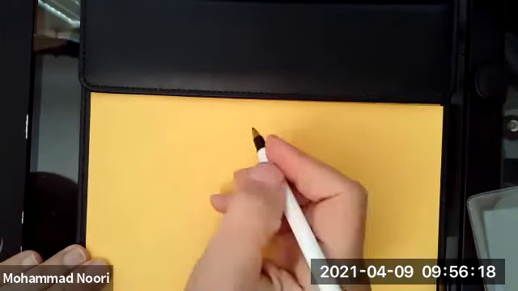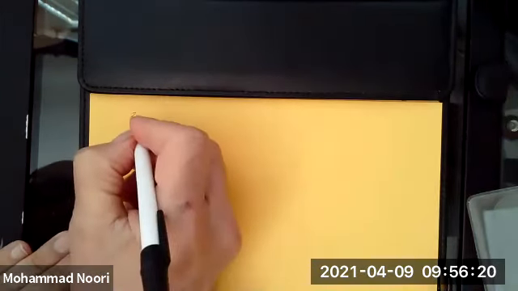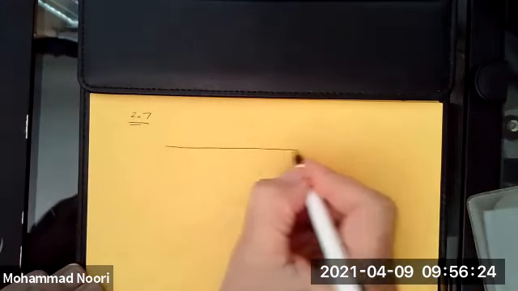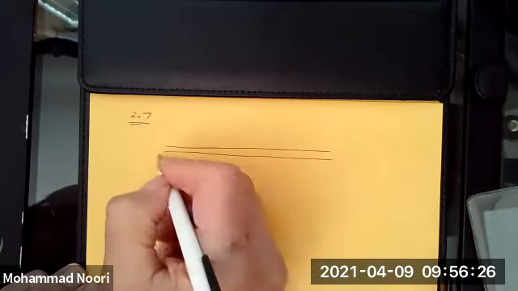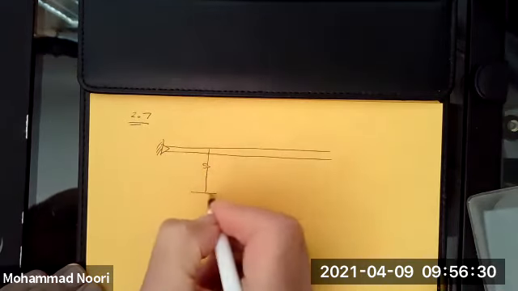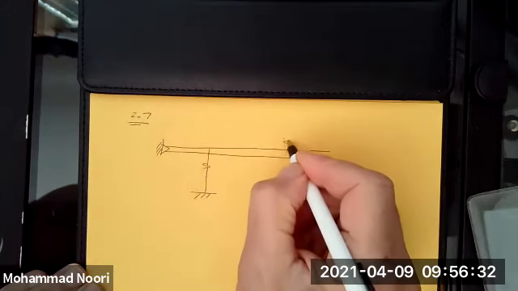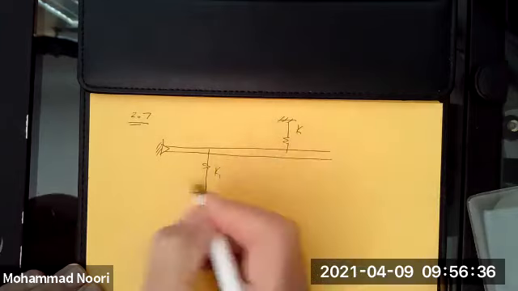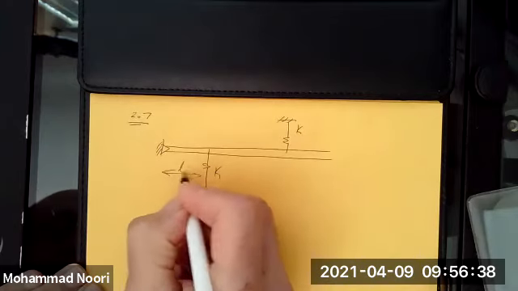Before I run out of time, I want to also do another interesting problem, which I did in the other section, and that is problem 2.7. This is also a very interesting problem. This is what you have been given. You have a rigid beam supported by two springs like this, K1, K2. This is at a distance L1.